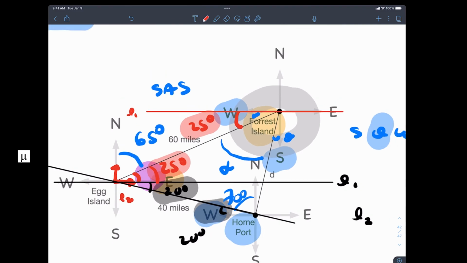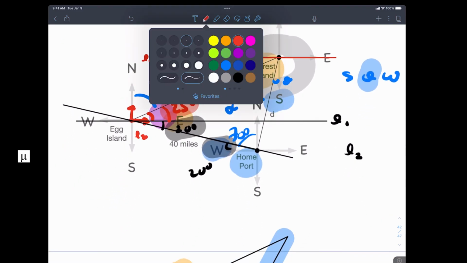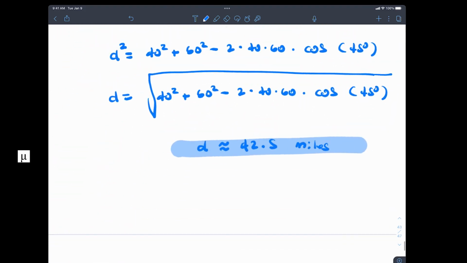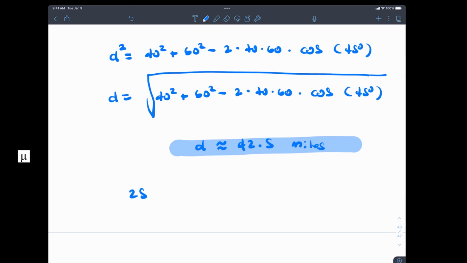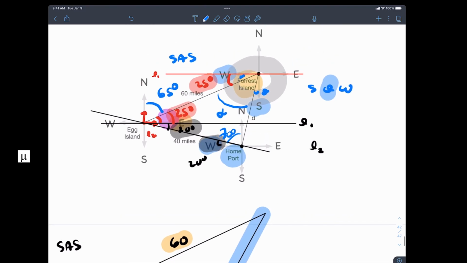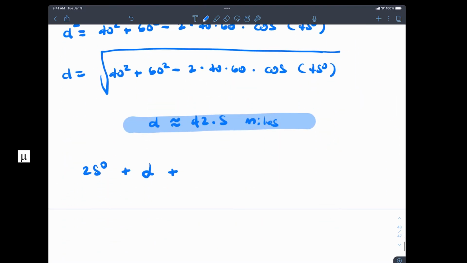So what's our formula? The formula here is going to be, notice this, 25 degrees plus alpha plus theta. What should that equal?